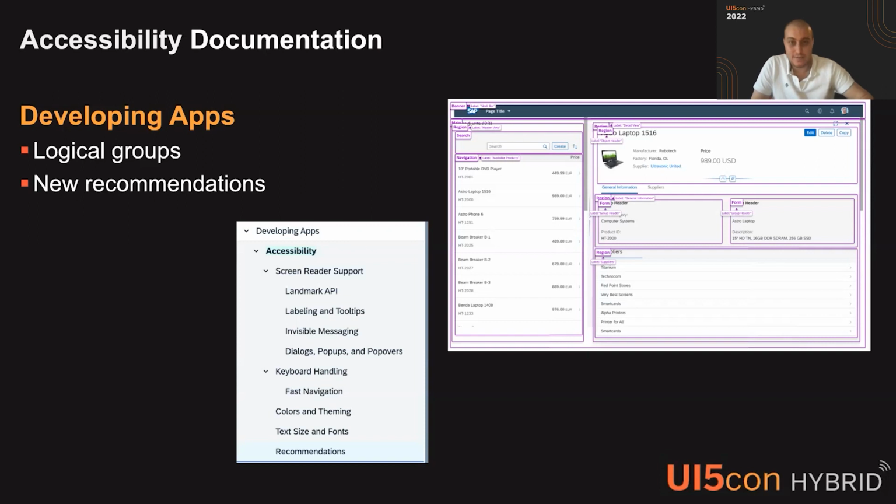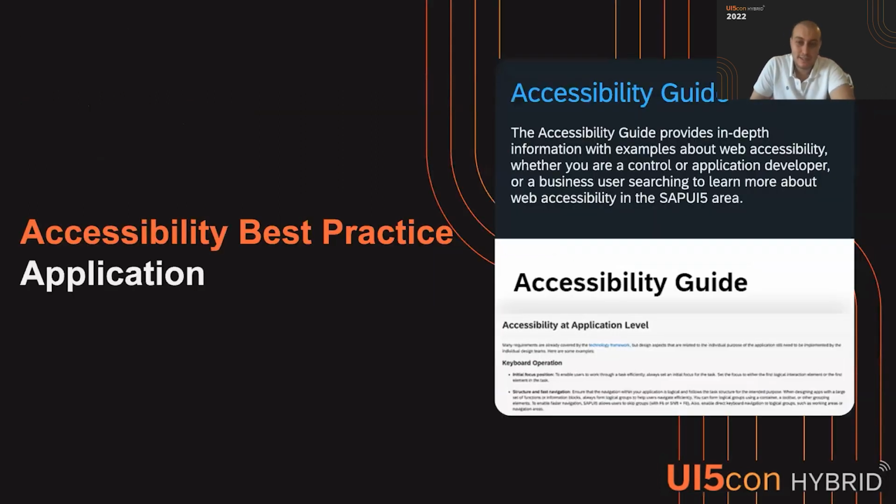And speaking of examples, the accessibility best practice application is now live. This is one of our latest achievements. We know that sometimes enabling accessibility can be a complex process. So this application will guide you through the most important steps.